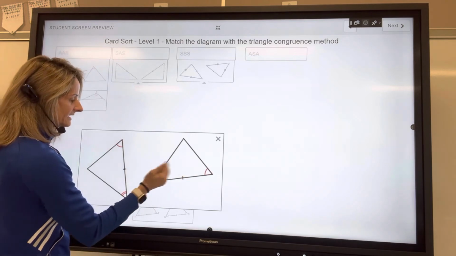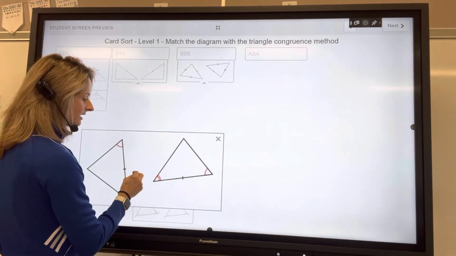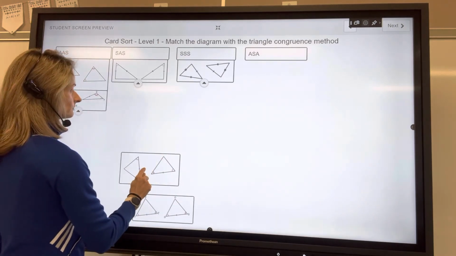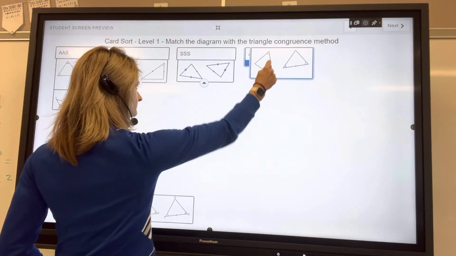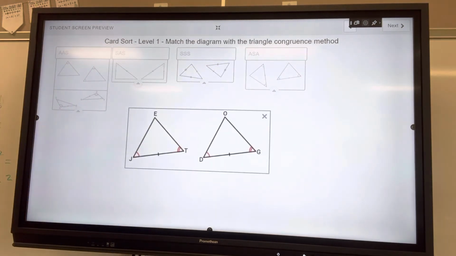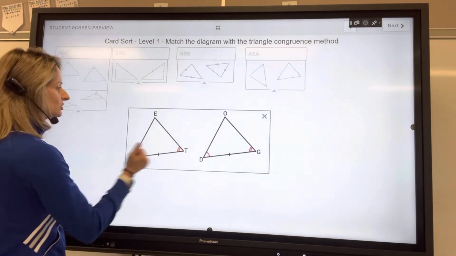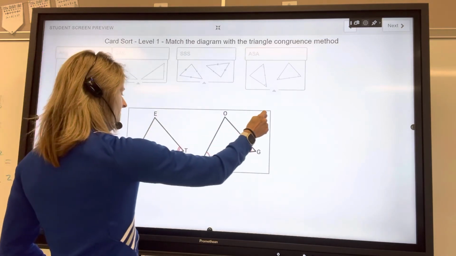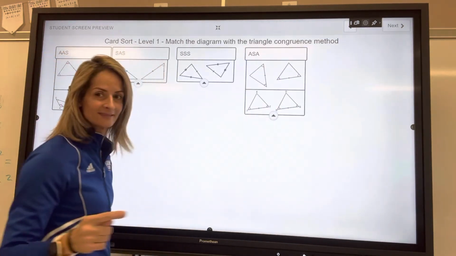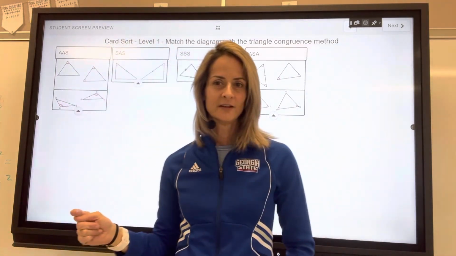We've got a side in between 2 angles. So this is angle, side, angle. And the last one, again, we've got a side in between 2 angles. So that is angle, side, angle. Any questions? All right.